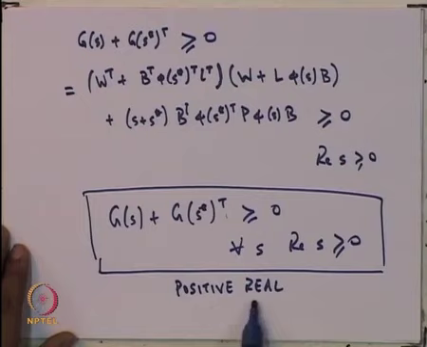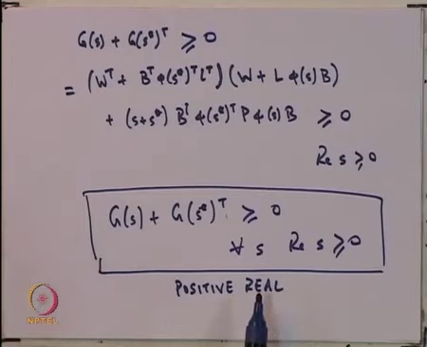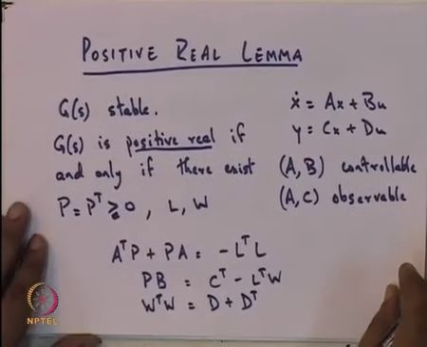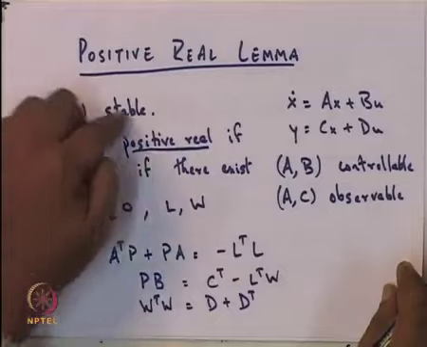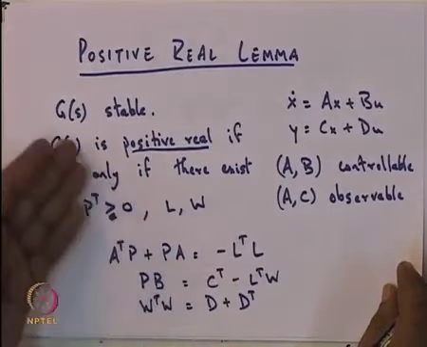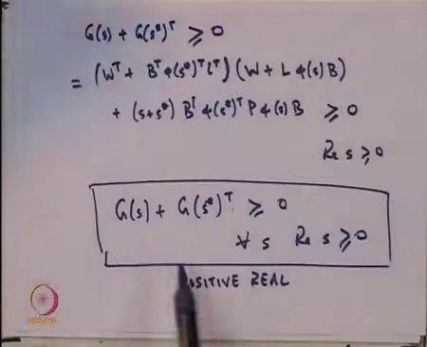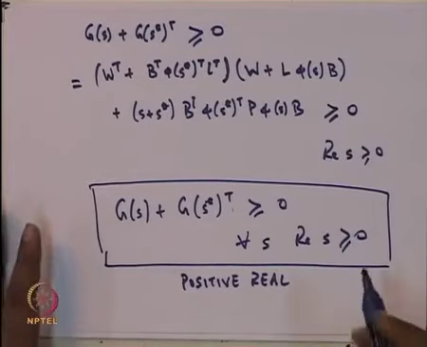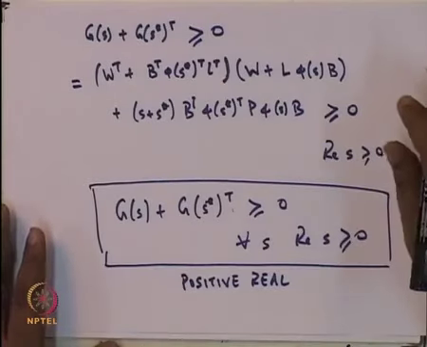And if you use this definition of positive reality, then in the original statement of the positive real lemma, you do not have to insist that G S is stable, because it has to be stable if this condition is to be satisfied. But these are intricacies, and there is no general agreement about the exact definition. So, we will leave it at that.